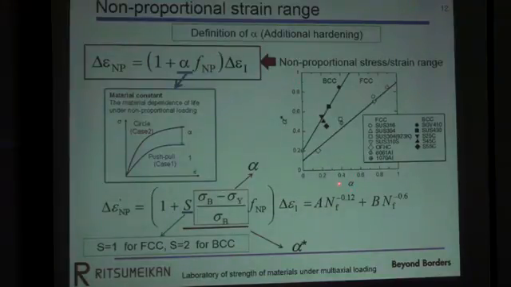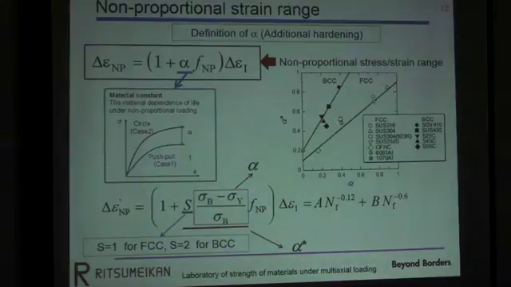This alpha is evaluated from additional hardening. This alpha star is obtained from data fitting between the proportional and non-proportional results. You see the FCC and BCC are on different lines here, using several materials.